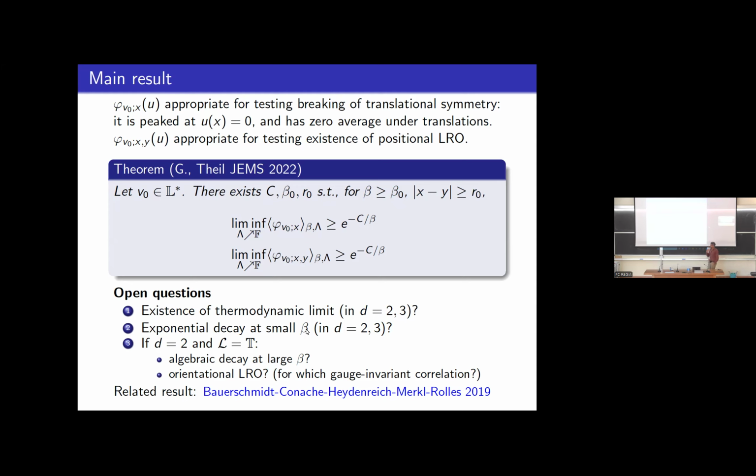For those of you who don't know the Villain model and are interested in this discussion, it may be useful to look back at that model, in which a similar analysis in a simpler context applies, where the model supports vortex excitations that are a simpler version of the dislocation excitations we have up here.